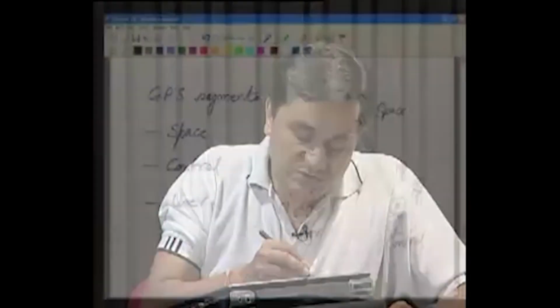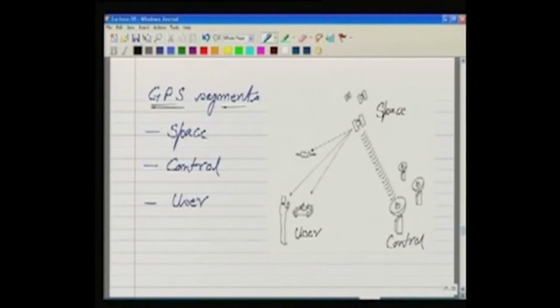Now a little information about the GPS segments. Of course, we know by this time GPS has three segments. One is space. Space means we have the satellites, we have their signals, and we have the orbit and other things. This is all part of the space segment.